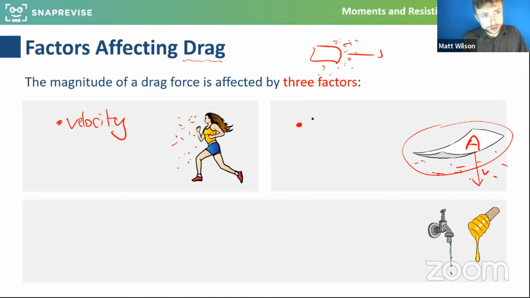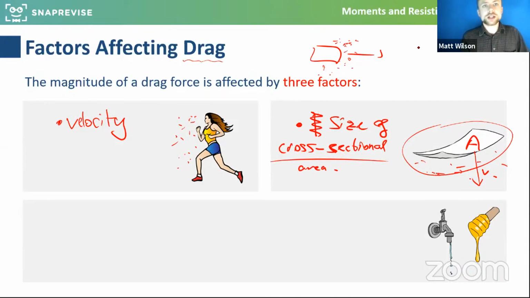So let's say size of cross-sectional area. If you're wondering what cross-sectional means, it just means the area that's in the direction of motion. For example, if a block is moving in this direction, this would be the cross-sectional area. Whereas if a block is moving in this direction, this would be the cross-sectional area. And that's the one that matters for the size of drag you're feeling.